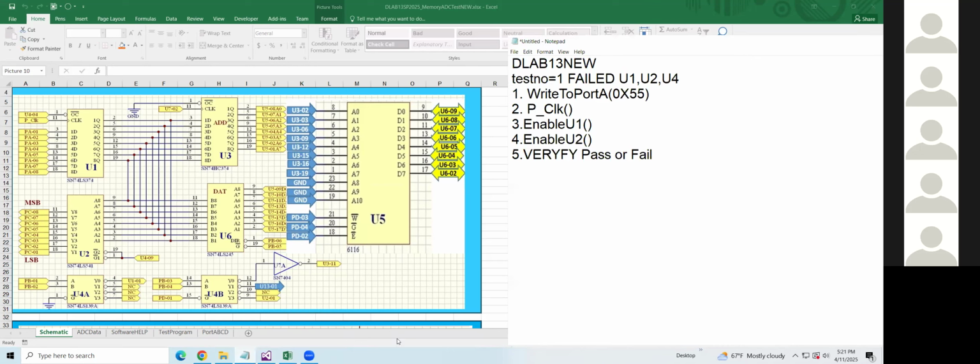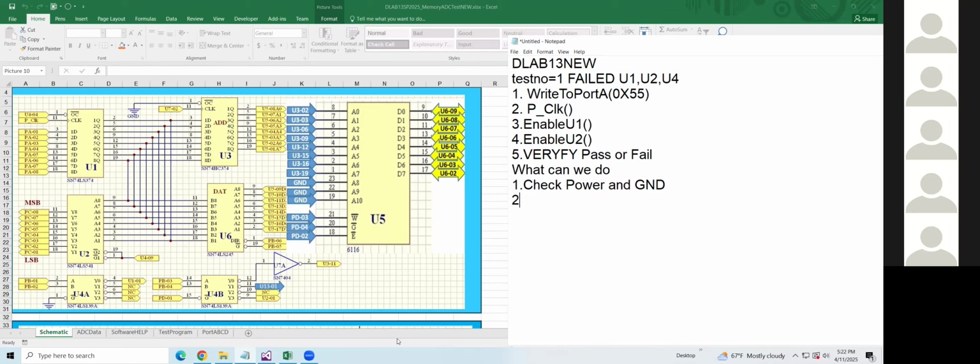Okay, what can we do? Number one, check power and ground. Okay, that's good.